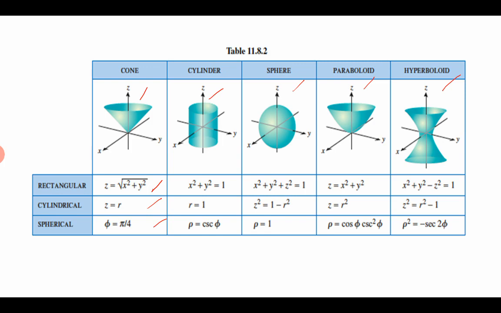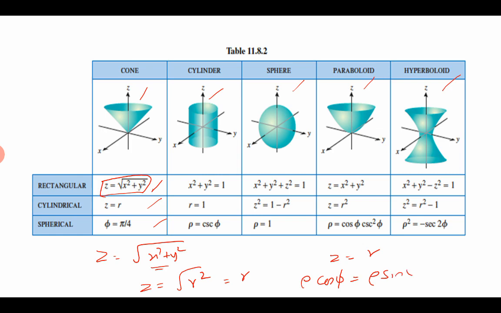If you know z is equal to the square root of x square plus y square, and we know this value is r square, so z is equal to the positive square root of r square, which is r. So z is equal to r in the cylindrical coordinate system. Now from z is equal to r, when you substitute z as rho cosine phi, it is equal to rho sin phi.